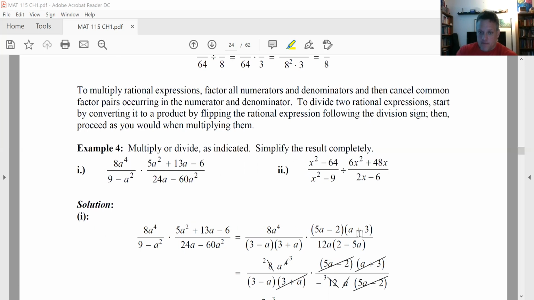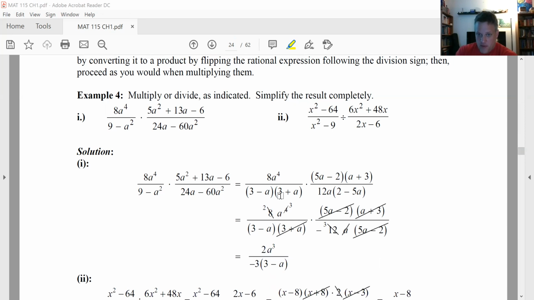Now what I would like to do is cancel like factors in top and bottom. Notice the 3 plus a and the a plus 3 are identical. There's no reason to yank a -1 out of those because there is no negative in between. Right? So those two binomials are in fact the same, and so they get canceled out. However, the 5a minus 2 and the 2 minus 5a are almost the same, but again, the terms are in the reverse order, and so I'll yank out a negative, right, from the bottom one, let's say, and then I can cancel out those terms.